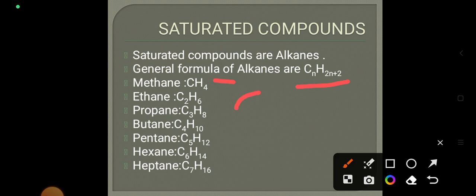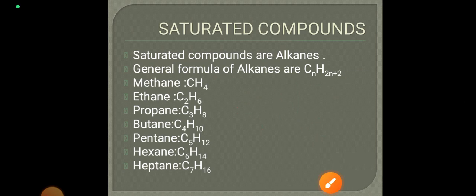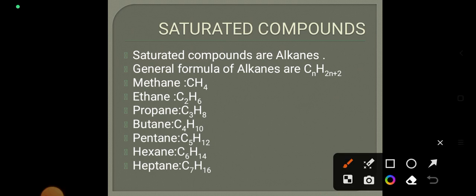If I substitute 1 in place of n, then H is 2 into 1 is 2, plus 2 is 4. So it is CH4, which is methane. Similarly, if I take n as 2, the formula will be C2, 2 twos are 4 plus 2 is 6, C2H6.